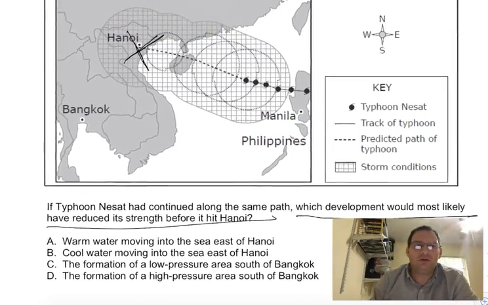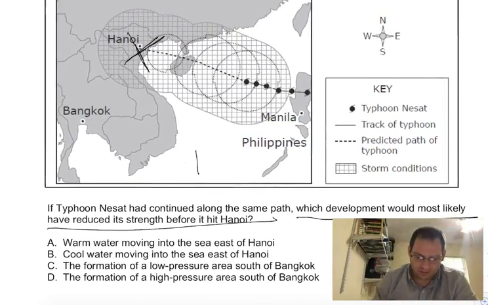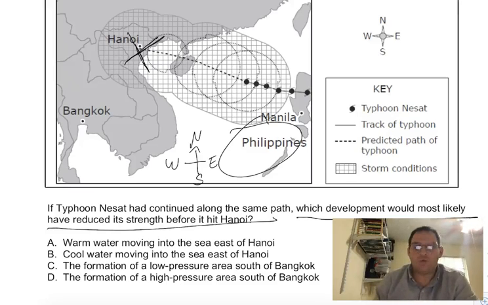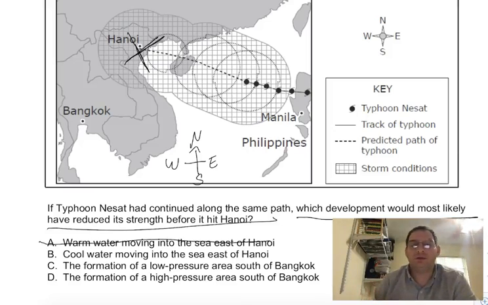All right, so do a little compass rose here: north, south, west, east. So southeast, warm water in this area here. Remember, warm water makes it stronger. So definitely not that. Just mark it out. Remember, warm water strengthens it. We want to weaken it, or reduce its strength.